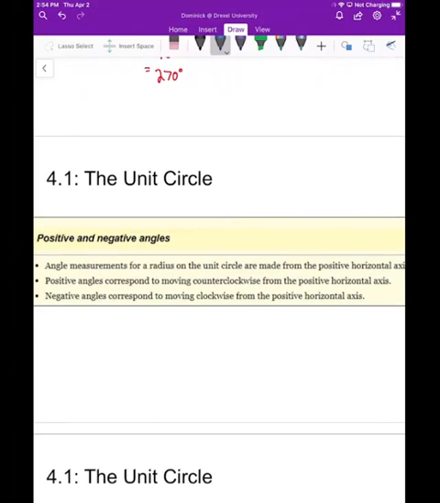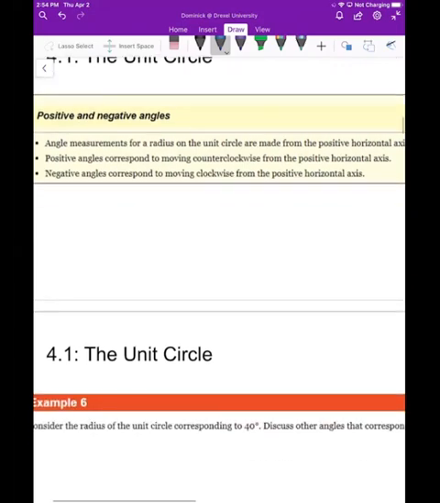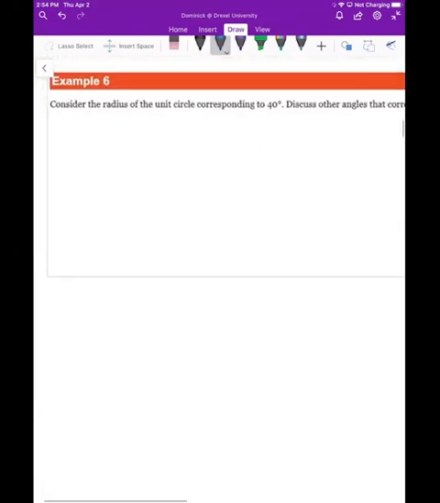Okay, so to summarize, all of your angle measurements are going to start from the positive horizontal axis. If you want a positive angle, you travel counterclockwise. If you want a negative angle, you travel clockwise. Okay, now I want to go back and talk about some other angles that we could make here.